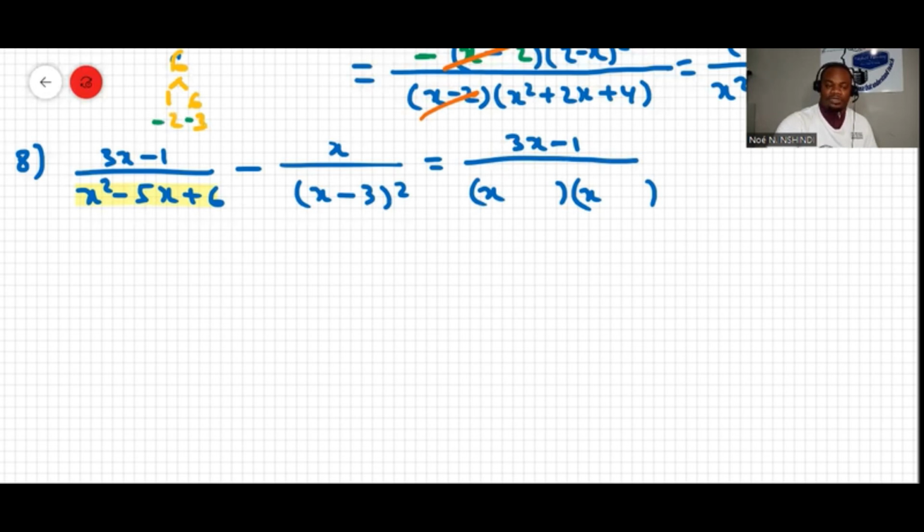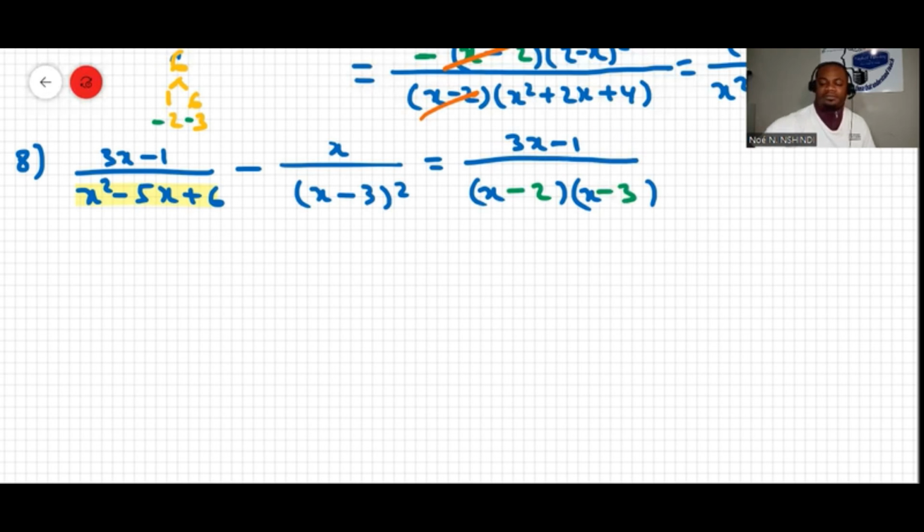I know that a positive 1 and negative 6 will also make a negative 5, but the product will be a negative 6, not a positive 6 like we have here. So it cannot be the first couple, but the second couple, negative 2 and negative 3. So over here, I place negative 2 and negative 3.